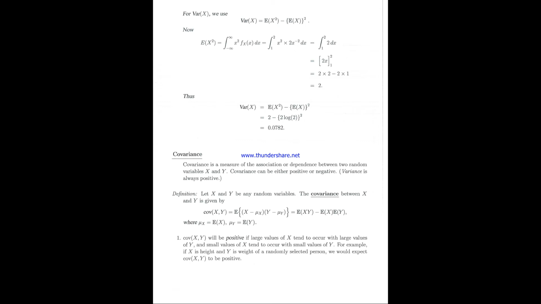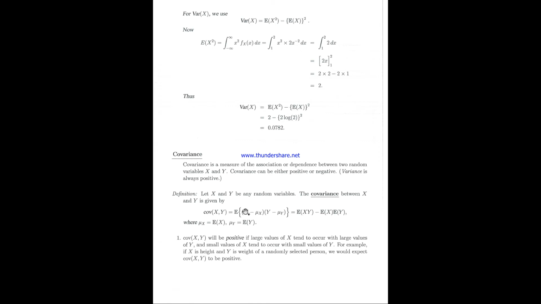So when it comes to two random variables x and y, and if you are interested in the covariance, we can find the covariance using this equation. The covariance between x and y is equal to the expected value of this term: you take the random variable x, subtract its mean, times random variable y, subtract its mean.